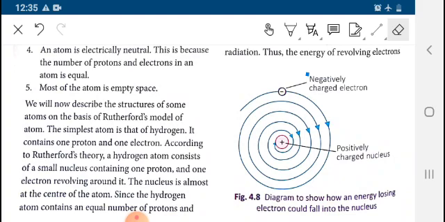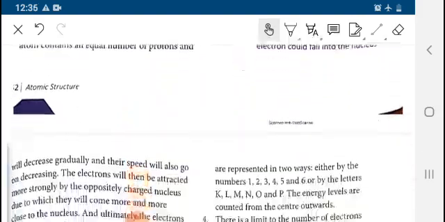Therefore, further scientists came, like Bohr, who gave a contribution about the stability: electrons are neither gaining energy nor losing energy when revolving around the nucleus, but they have a certain amount of energy, which leads them to move in a definite circular path.